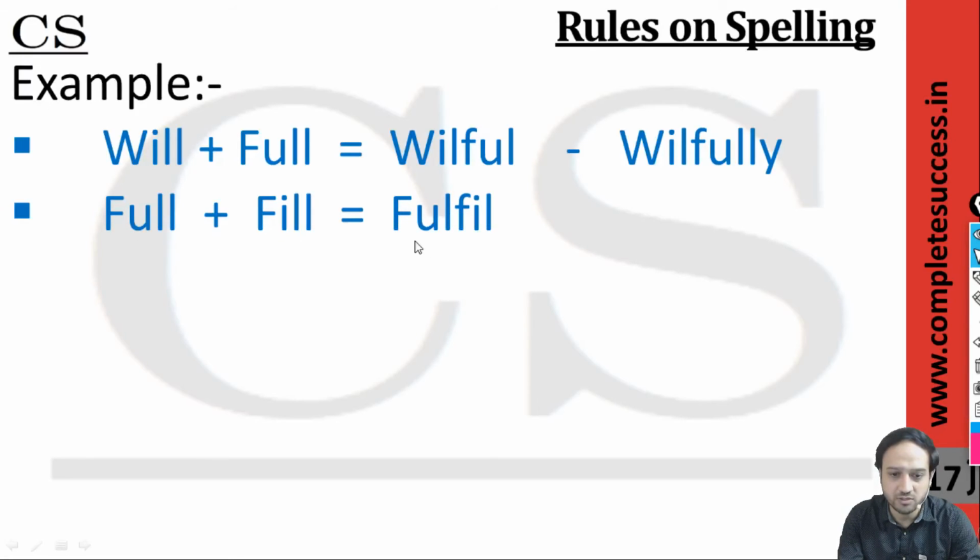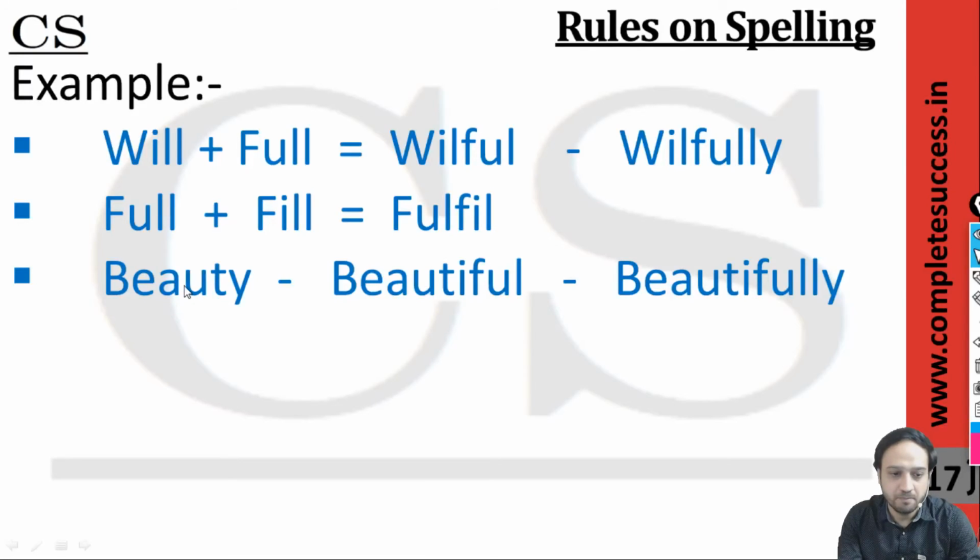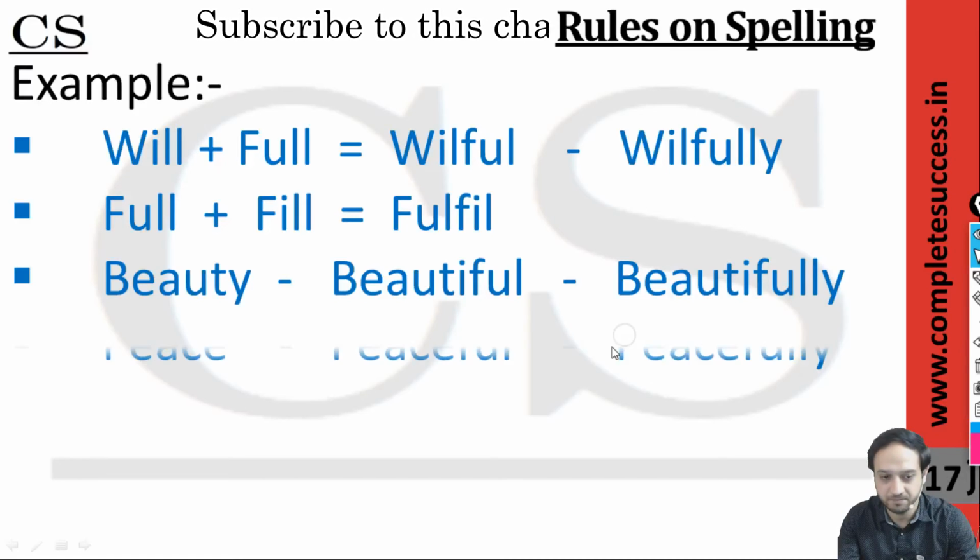Full, fill: we'll skip one L from both the words, and when we add them, it becomes fulfill, F-U-L-F-I-L. Beauty: when we add full to beauty, it becomes beautiful. But when we use it as an adverb, we'll retain two L's, so we'll make it beautifully.